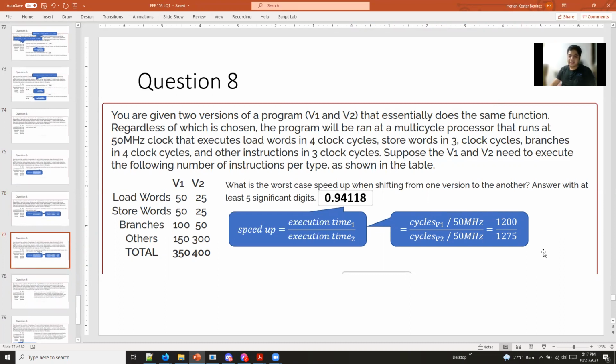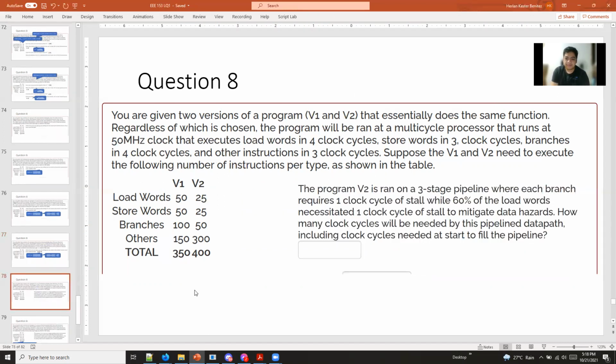So worst case, kasi siya yung smaller na speedup. Kasi pwedeng ito yung speedup ni V1 over V2, 0.94. Pero pag kinuha mo yung speedup ni V2 over V1, inverse niyan, mas malaking speedup siya. So it's the better case. So ito yung worst case.